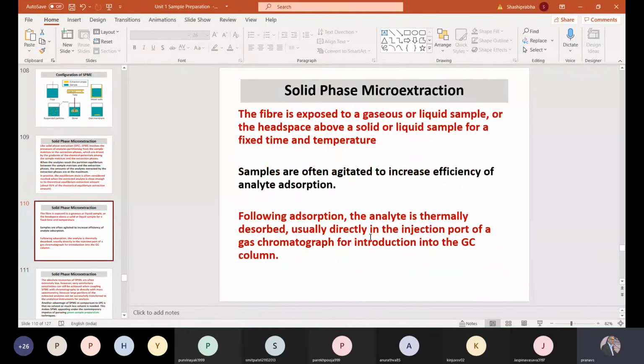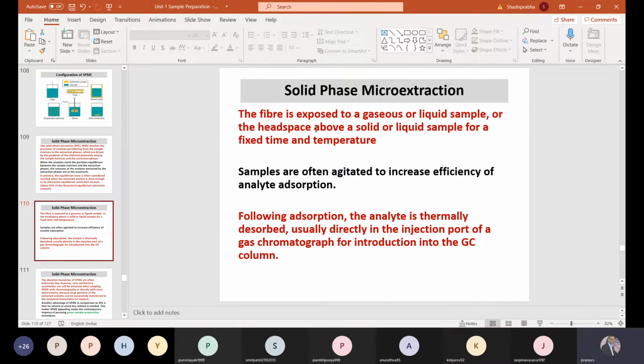And this is what I just mentioned. The fiber is exposed to the gaseous or liquid sample or the headspace above a solid. But when you use a solid, you need not put it inside the solid, but you can just put it above the solid, and then you can heat the sample a little so that some vapors are generated and those vapors get adsorbed on the adsorbent or the solid phase.